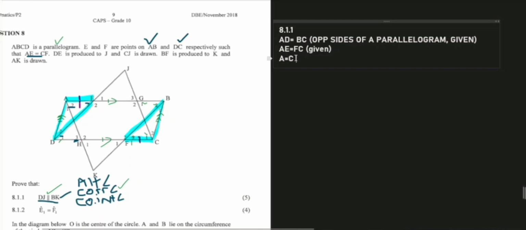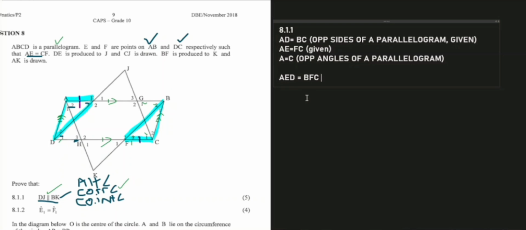I can't do that because I'm limited again by the app that I'm using. And these are the opposite angles of a parallelogram. Therefore, we can say triangle AED is congruent to triangle BFC, and the reason being it's side angle side.